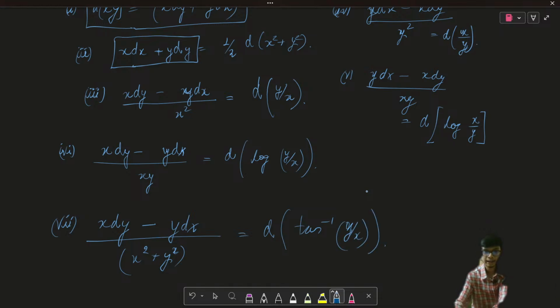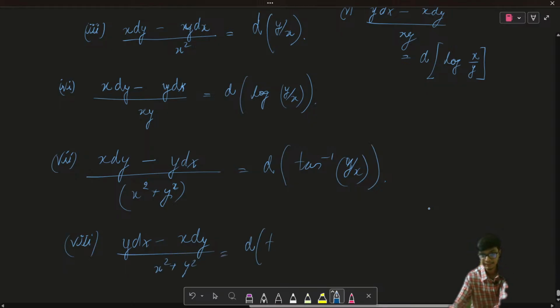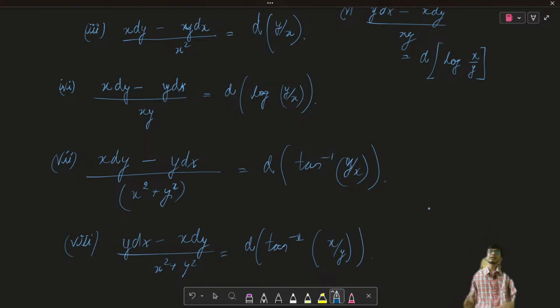All right, and another form: if I have y dx minus x dy upon x square plus y square, then this can be given as the derivative of tan inverse of x upon y. I hope these results are clear to all of you. Please quickly note down these results so that we can discuss the questions.